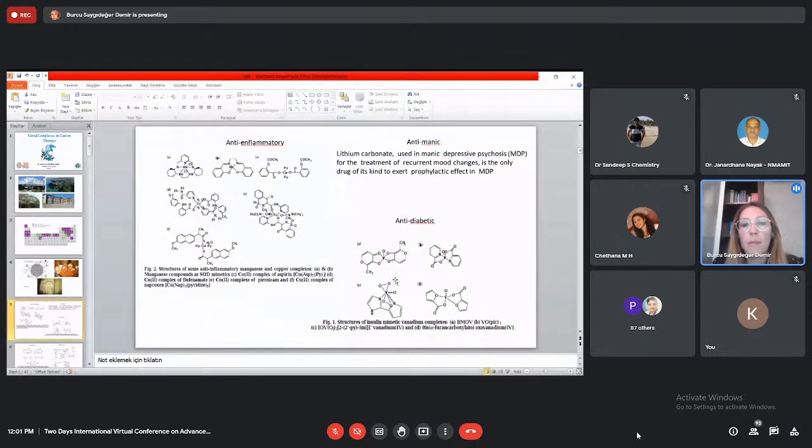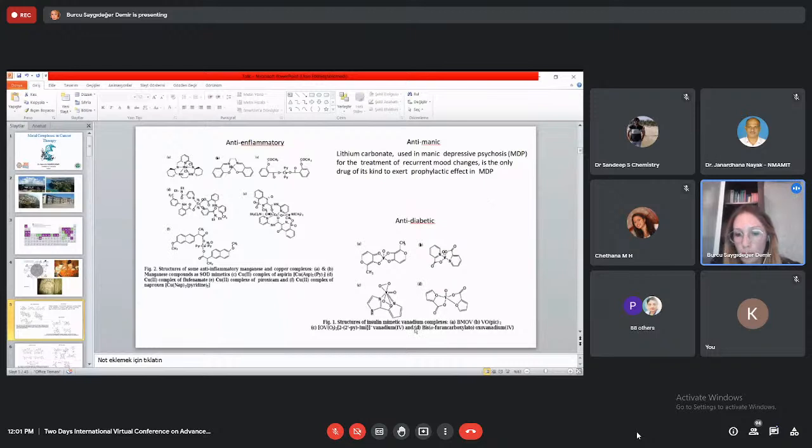These are some examples of metal complexes used in medicine. For example, copper and manganese complexes are used as anti-inflammatory, and lithium carbonate is used in manic depressive psychosis.